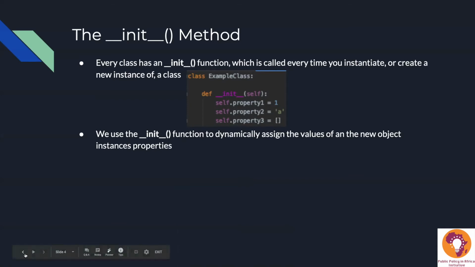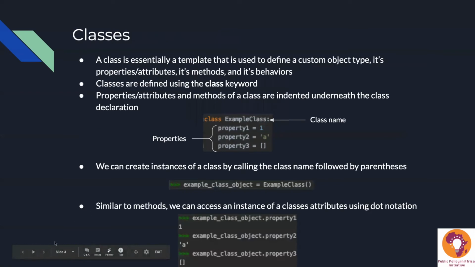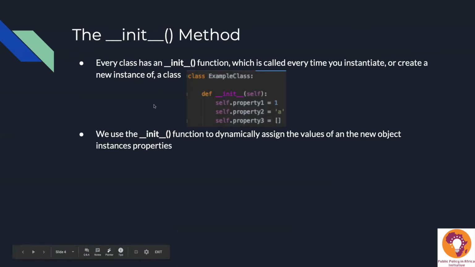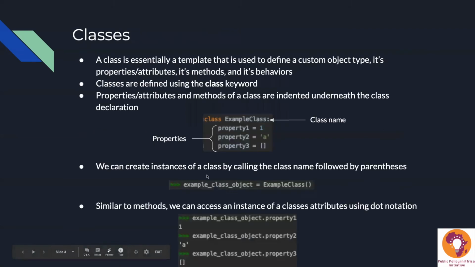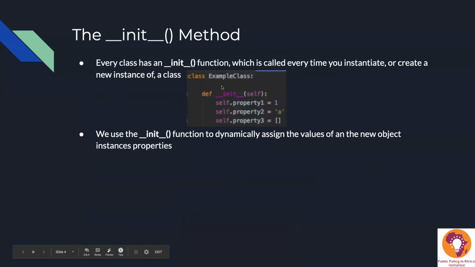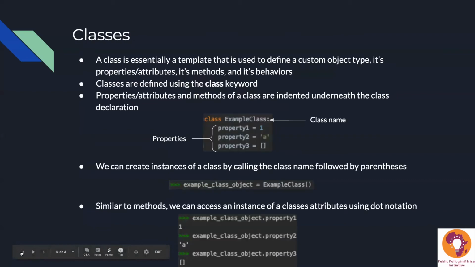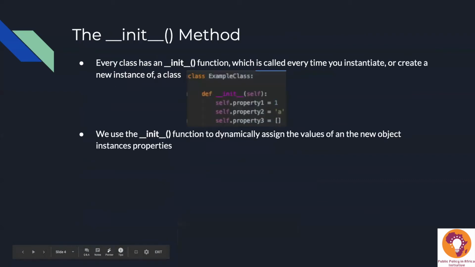Say I create my class using this code here instead of the code on the previous slide, and then I create an instance of that class here. So I create an object from that class, and then I reference the different properties of that object. It would be the same thing. So we can replace this code here with this code here, and it's essentially going to do the same thing.